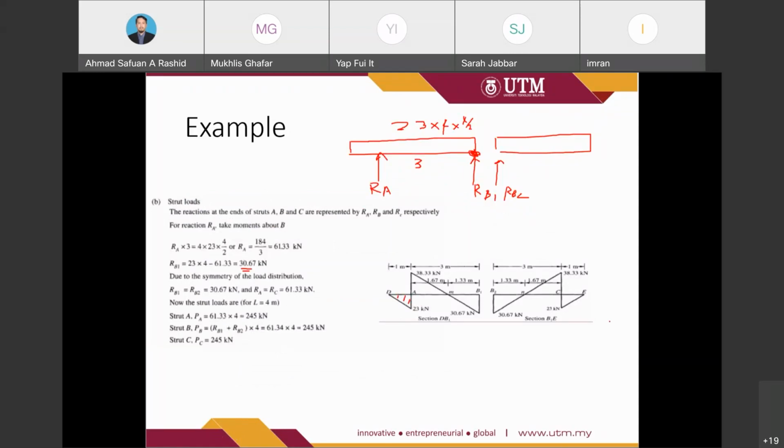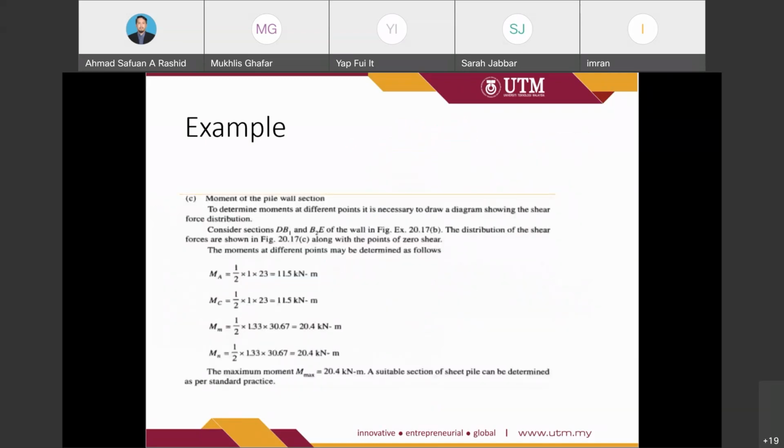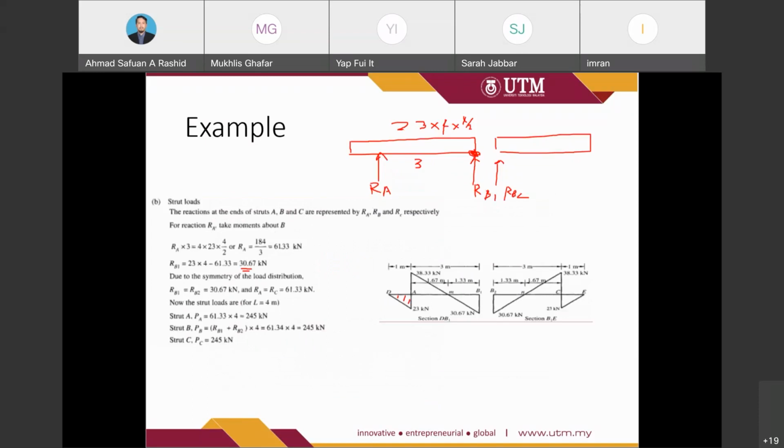So that will represent MA: half times 1 times 23. Similar with MC, which is this one.